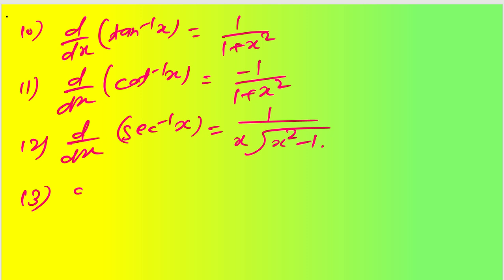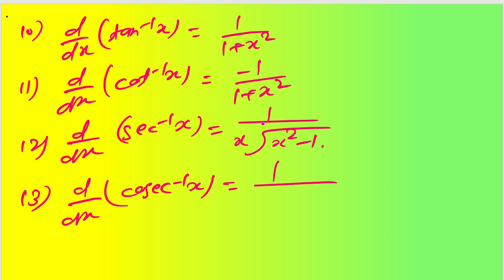Next one will be d by dx of cosec inverse x. That will become 1 by x root under x square minus 1. However, what will be the change from sec inverse x and cosec inverse x? There will be a negative sign.